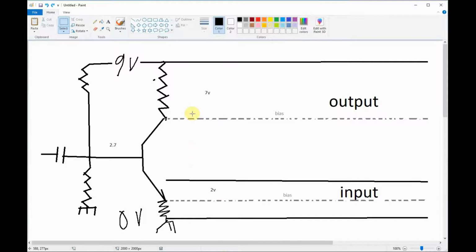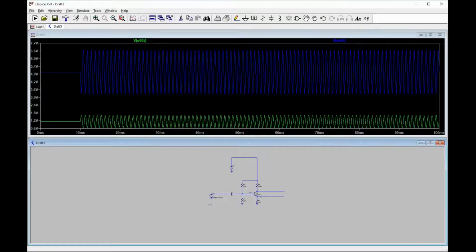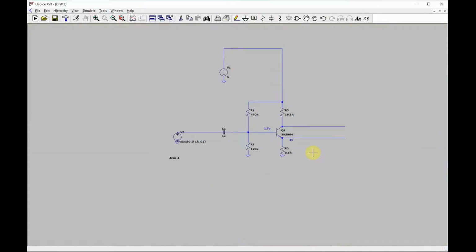So that's what we're coming out with as far as our biases go. This is a little bit higher than 1. This is a little bit lower than 5.5. It all started because this was a little bit too high. But you have to choose a value, right? I could alter this to get that right at 1, but we have to use real values here.